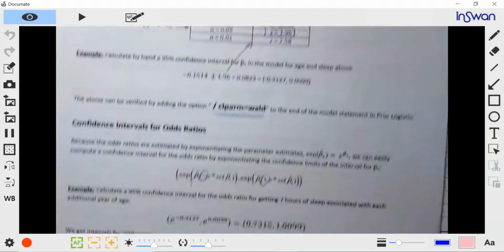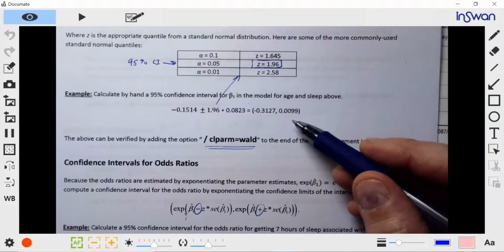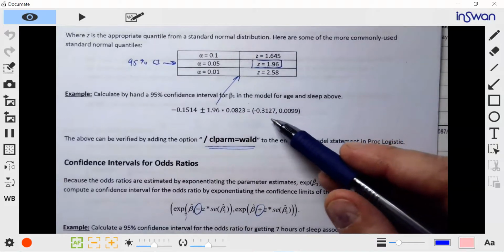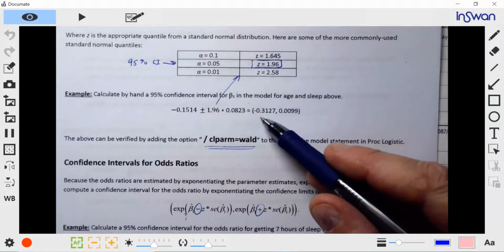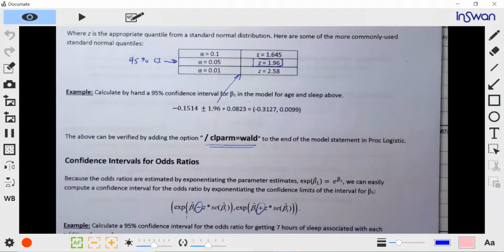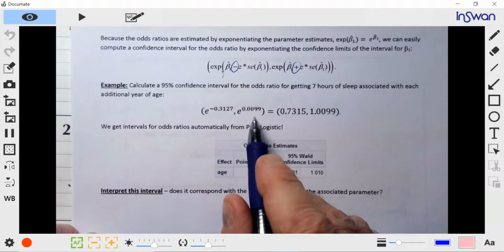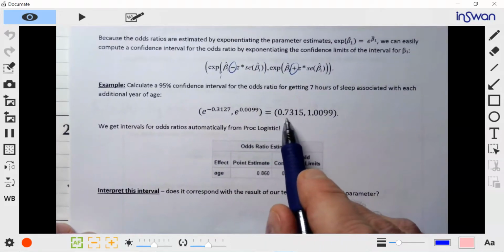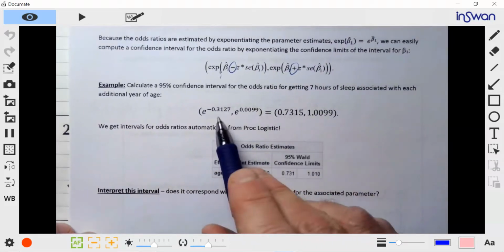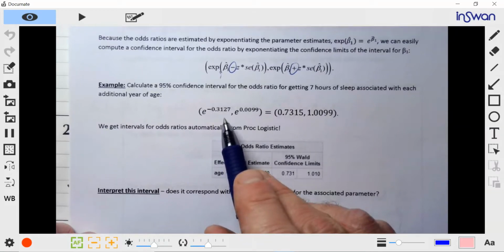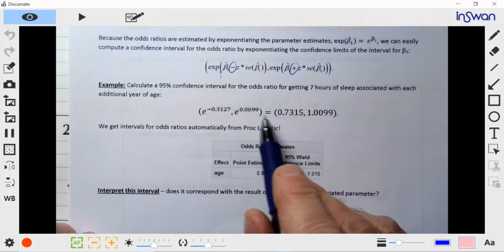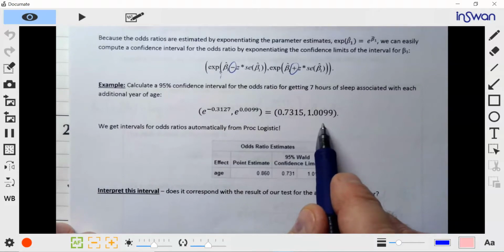Remember that the confidence interval for the slope for each additional year of age was negative 0.3127 to 0.0099. I can exponentiate both sides of that to get 0.7315, that's e to the minus 0.3127, and e to the 0.0099 is 1.0099.